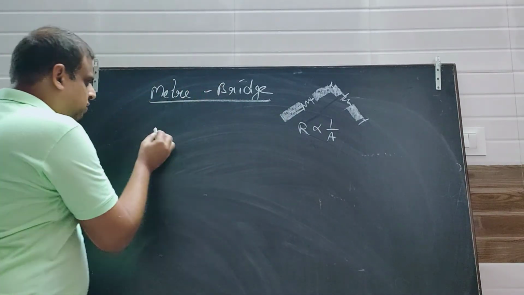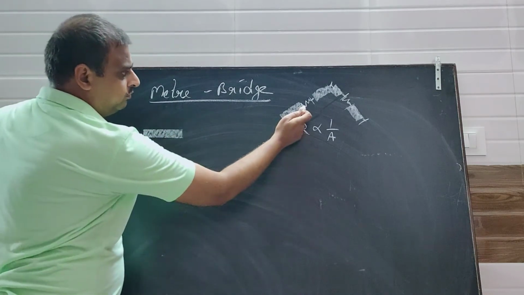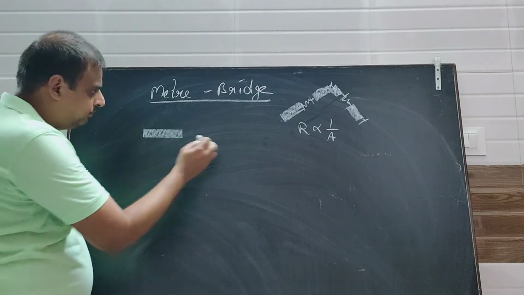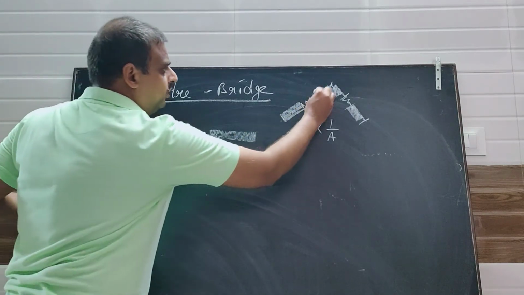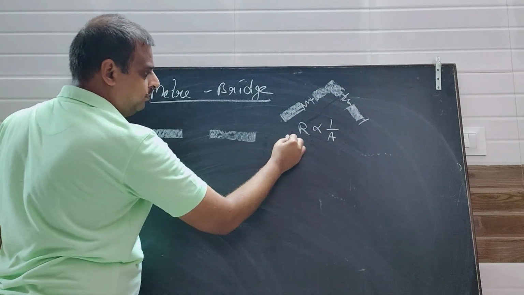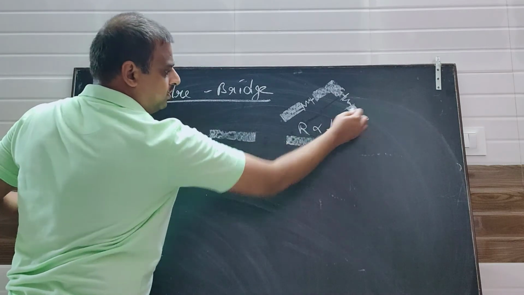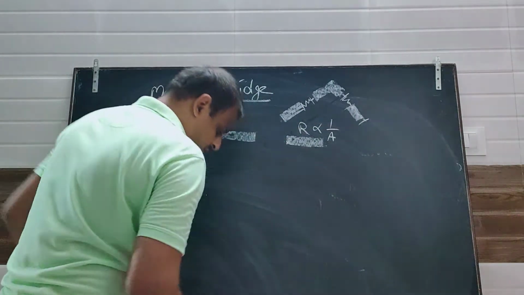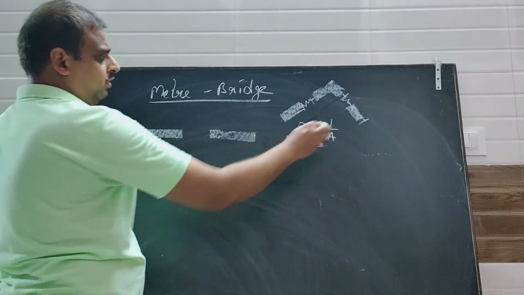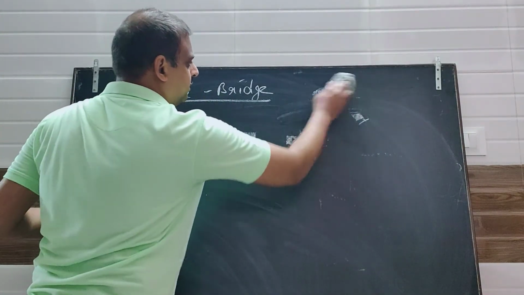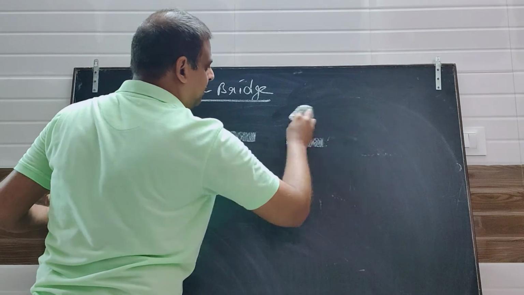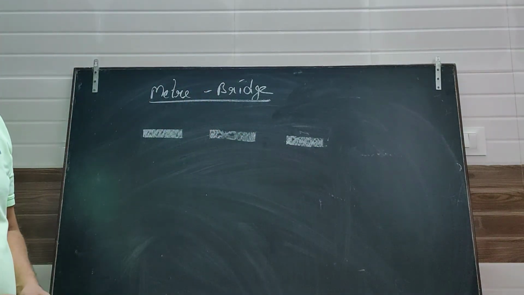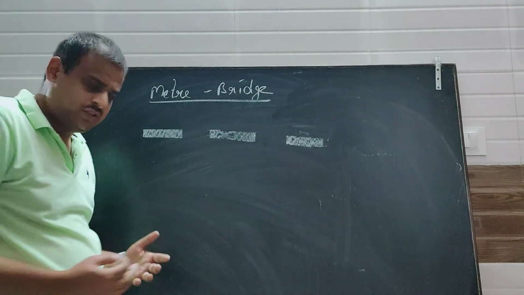So for the meter bridge, this is a strip, this is a strip, and again this is a strip. One thing we have to keep in mind is that we will make the wire 1 meter long for ease of calculations.